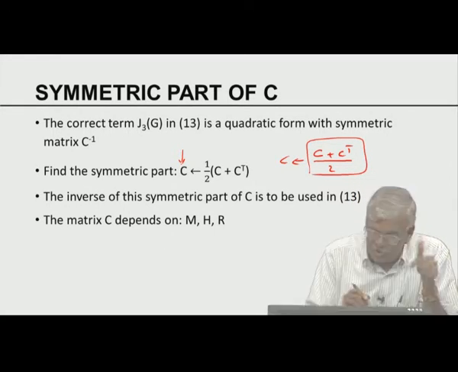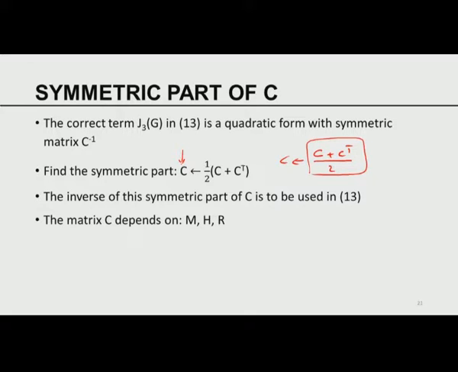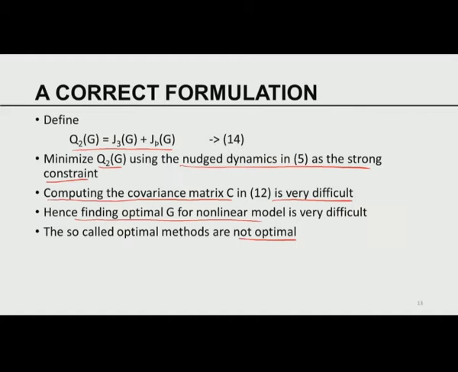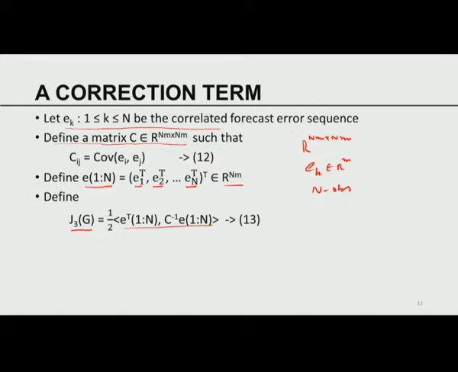Now the correction term J3, let us go back. So in 13, this is the new J function. C inverse is to be used here, please understand. It is generally the case that I need to know the weight matrix. If I am going to consider weighted least squares, I need to know the weight matrix.